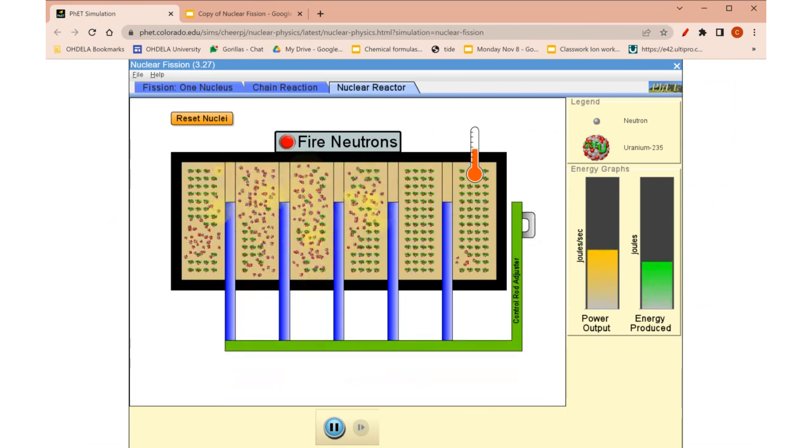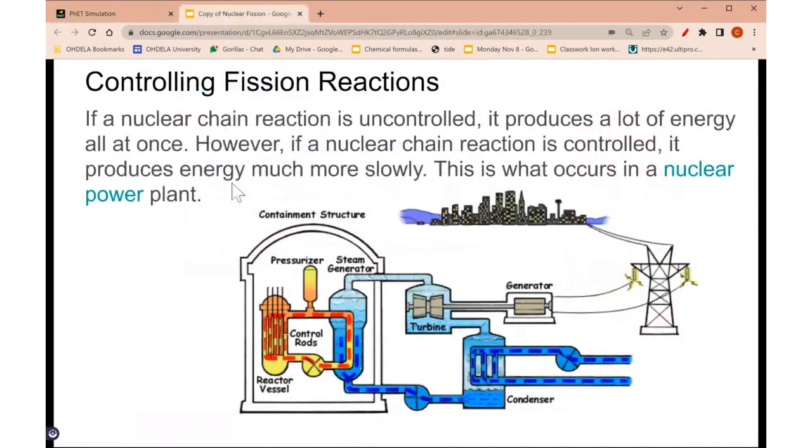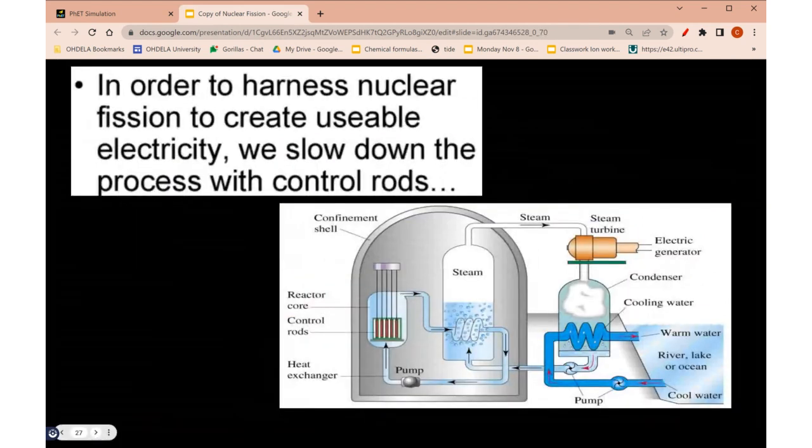So not all of them will be stopped by these graphite rods. So that's a controlled reaction. You can see it heats up water, turns a turbine, and makes electrical energy, or electricity.